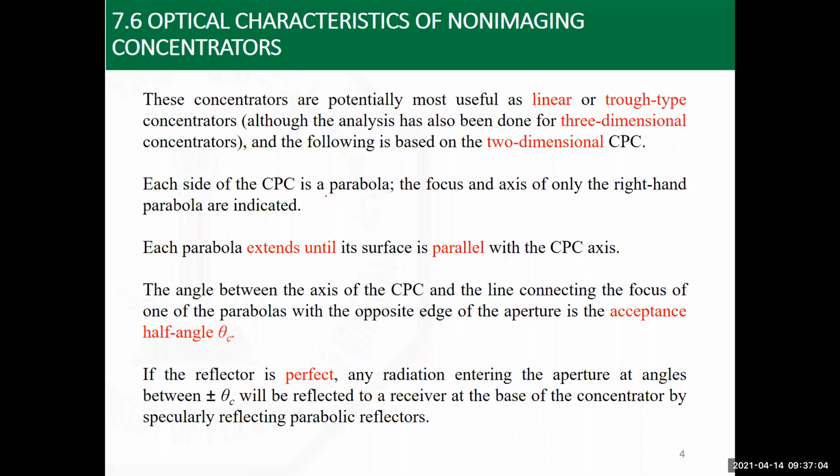Nothing is perfect, which means that you can find some reflectors that would not deliver 100% of the energy, maybe due to some surface defects or some surface issues. But otherwise, ideally speaking, with this kind of geometry, any radiation beam falling within that acceptance angle is going to reach the absorber surface.